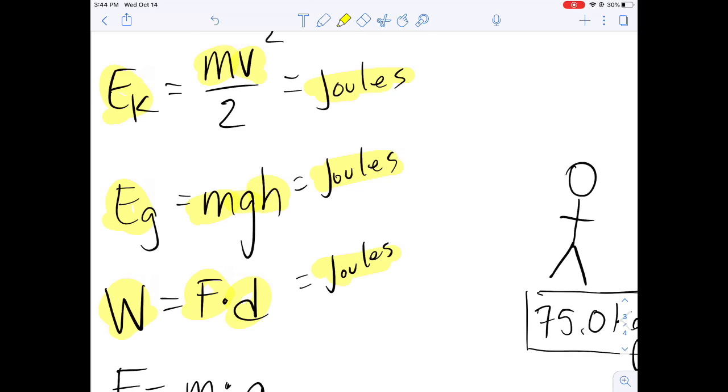And so we can compare the kinetic energy at one point if we knew the work to get there. Or if we knew the potential energy at the highest point, then I know the work that the ground will do on you as you hit the ground.